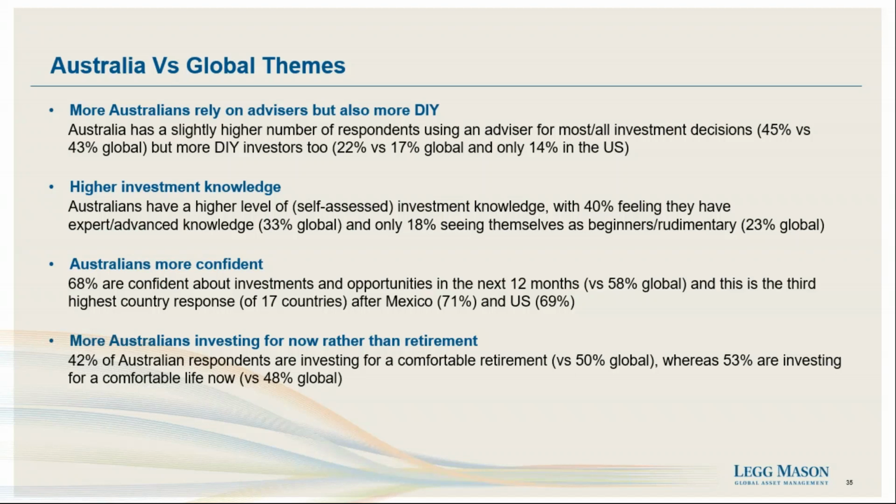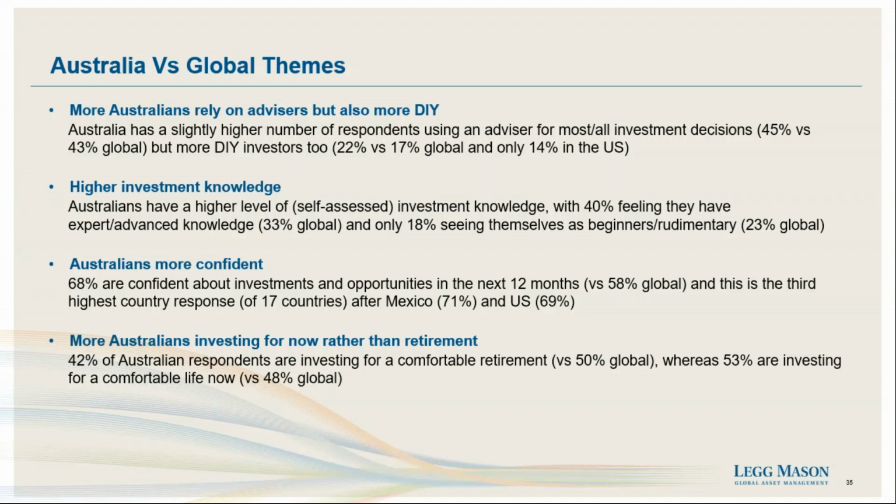The last point is an interesting one as well. More Australian investors, when asked whether they are focused on investing for retirement or focused on investing for a more comfortable life pre-retirement and more short term, were less focused on the long-term retirement portfolios than they were on the shorter term portfolios and goals that they have.